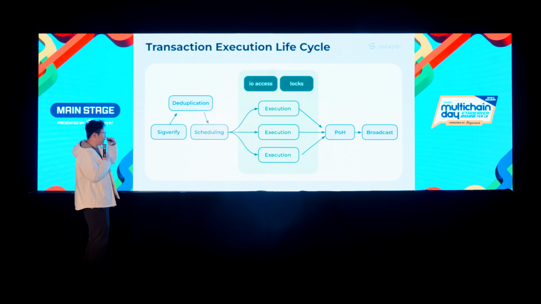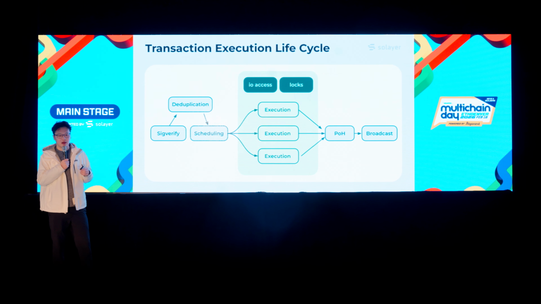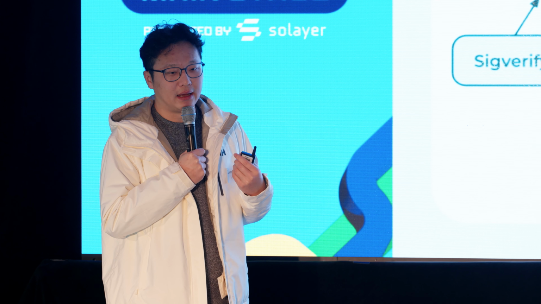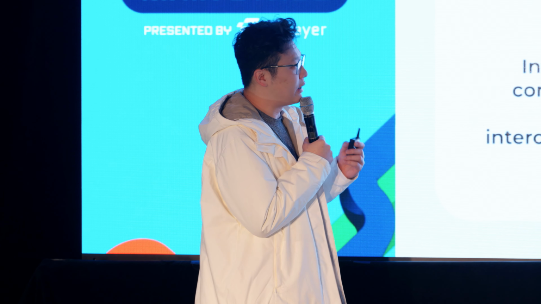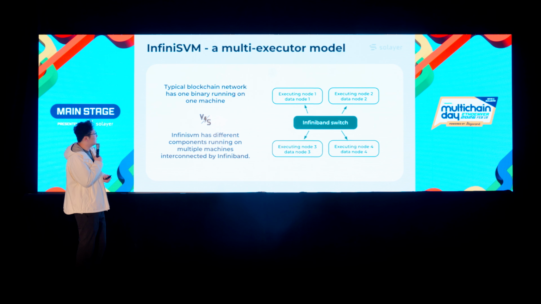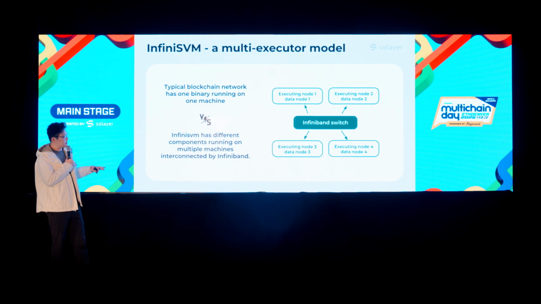Where we do a bunch of work is actually the execution layer. The execution layer is pretty much bound by I/O access and also the compute time spent on each program execution. What we have done is separate it into different executing nodes, interconnected via a low latency system.